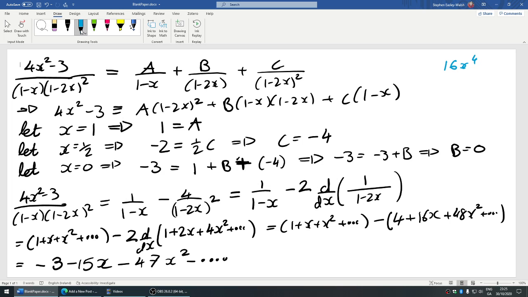Oh wait, did I get knocked out of sync? No, that's it. And that would have been 64x cubed. That would have been 128. That's 127. So the next one would have been minus 127x cubed. Okay.